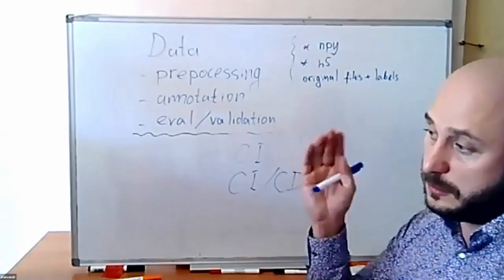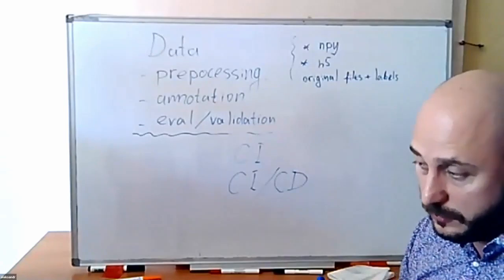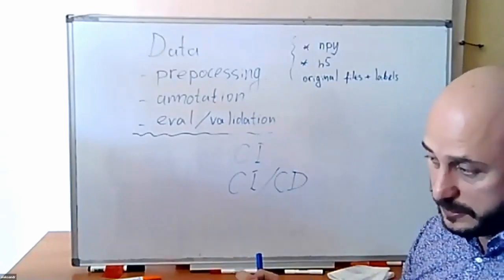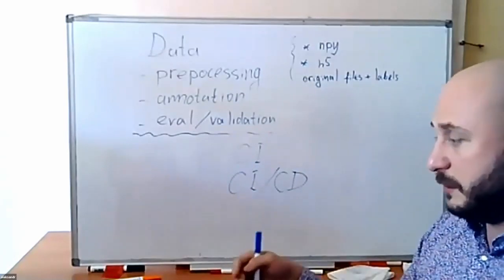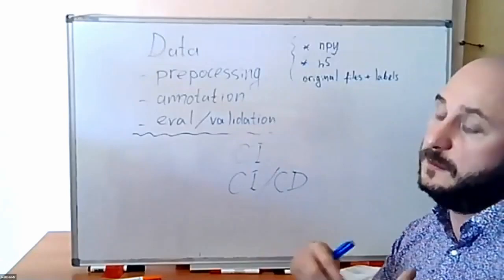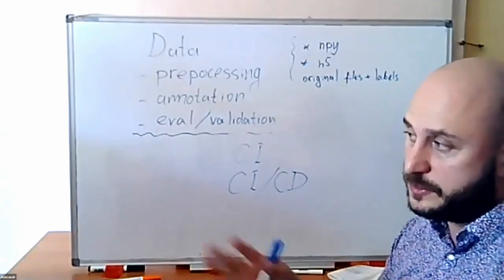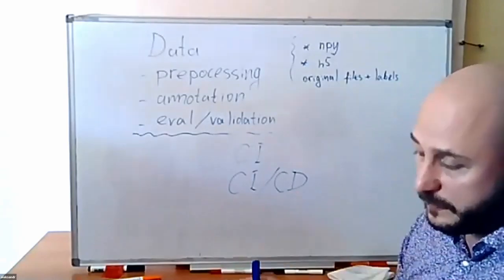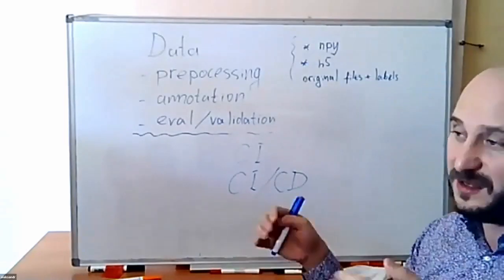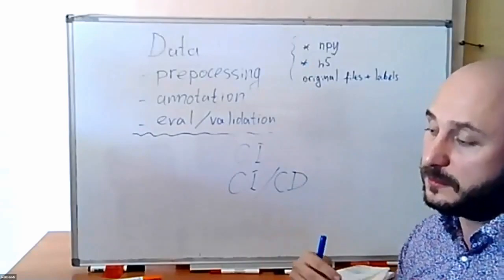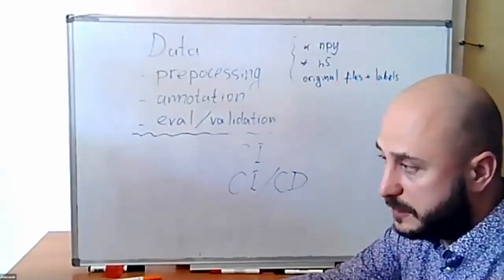So when you add some data and some changes to the code, the system pulls this, retrains automatically, evaluates automatically, and shows any errors, some alerts to developers. But if everything is okay and evaluation went well, it also can redeploy the solution automatically. And many companies use this.